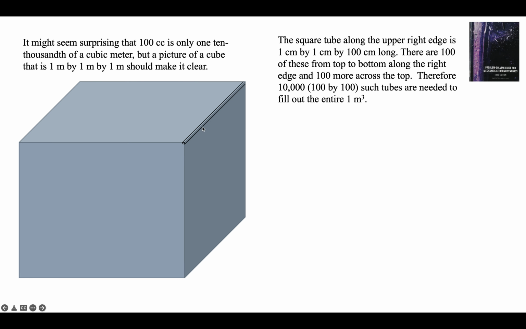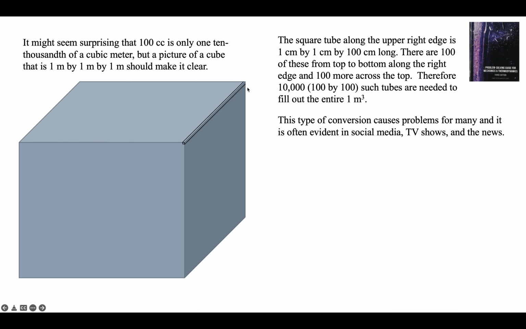Well, I need 100 going down here, and I need 100 across. 100 times 100 is 10,000. So I need 10,000 of these square sticks to fill up this space. This square stick is 100 cc's. 100 cc's is 1/10,000th of a cubic meter.